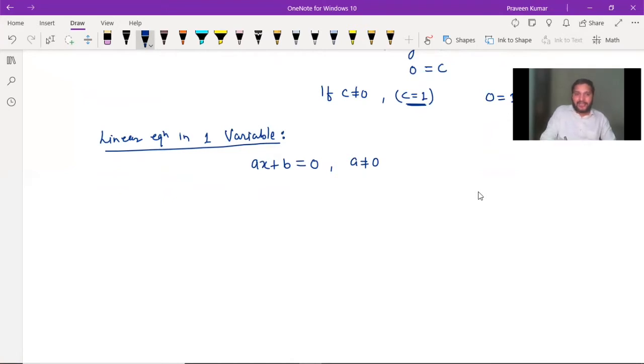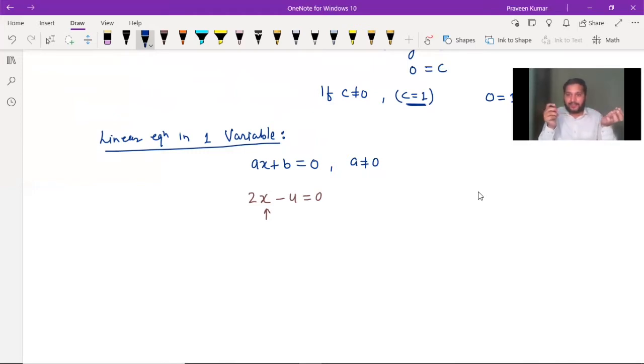Let us take one example of linear equation in one variable. Say this is 2x minus 4 is equal to 0. Can you think some value of x which when plugged in at place of x will satisfy this equation, means will make both the left hand side as well as right hand side equal?